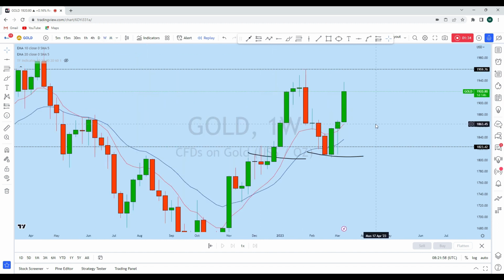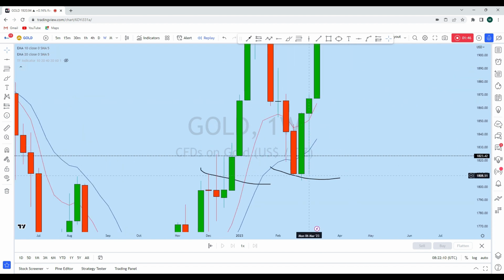Looking at the weekly, gold has created another strong weekly candle. As you can see this week, once the market opened after the previous weekly pin bar, the price opened with a gap and created this big bullish candle.